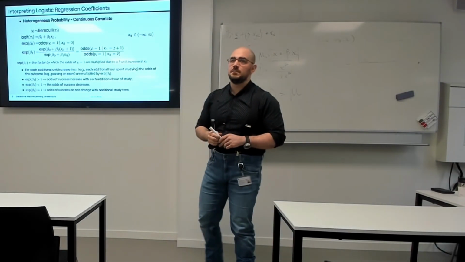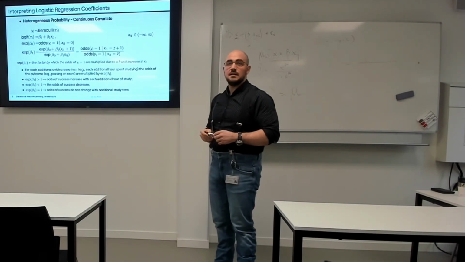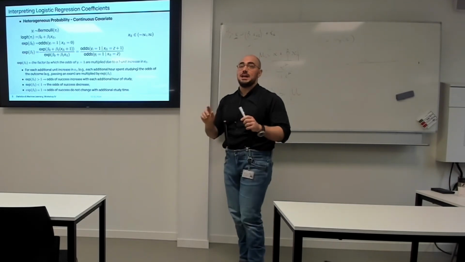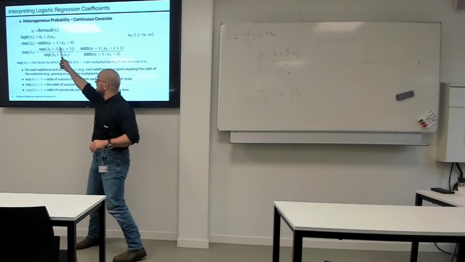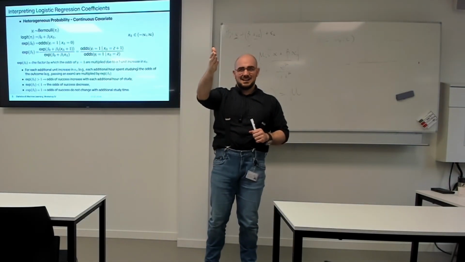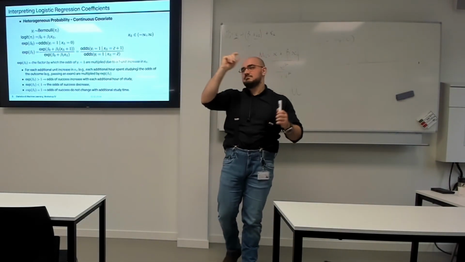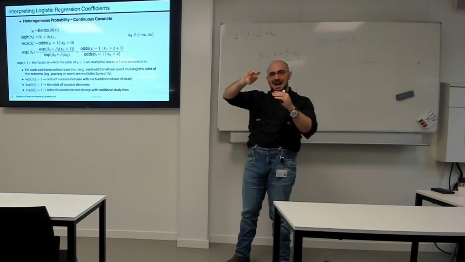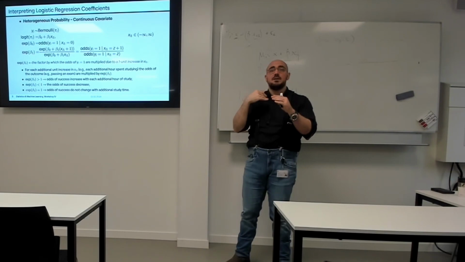But then in this equation, does every gun add the same amount? Yes, correct, exactly. On the linear scale, every gun adds the same amount. But that's not likely, right? Yes, correct. But the point is that after I exponentiate it, now I'm working with odds.